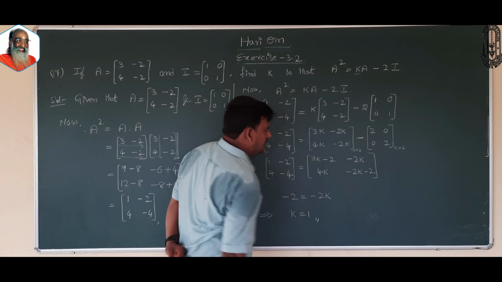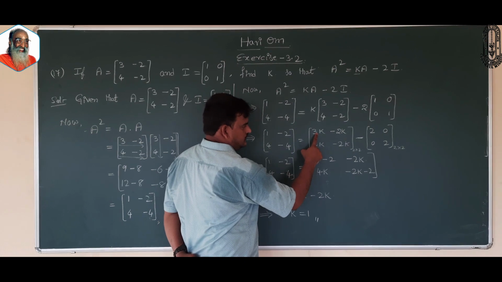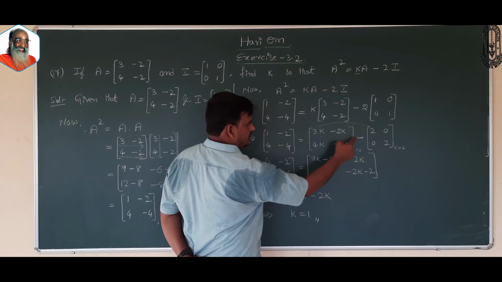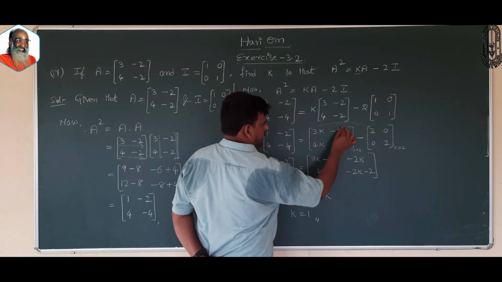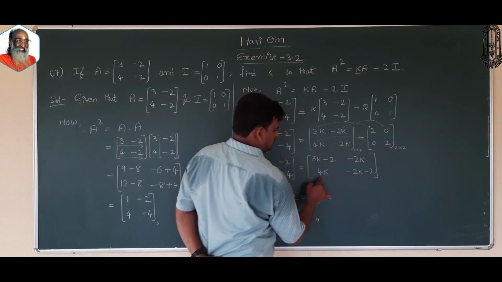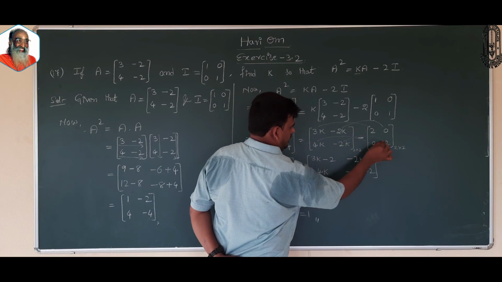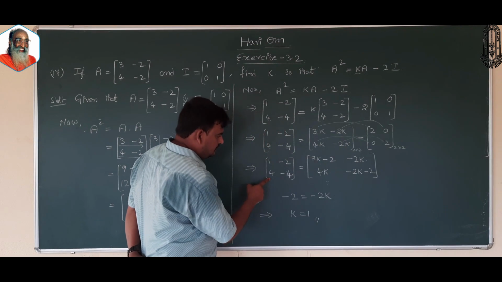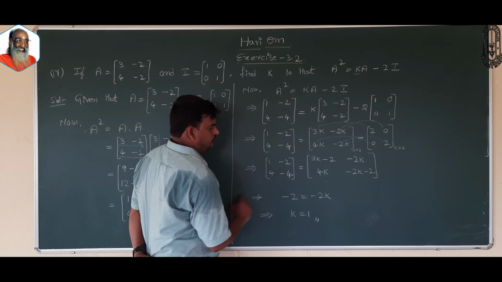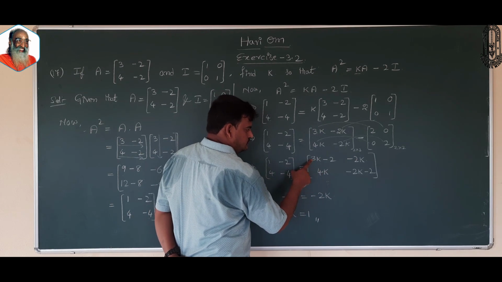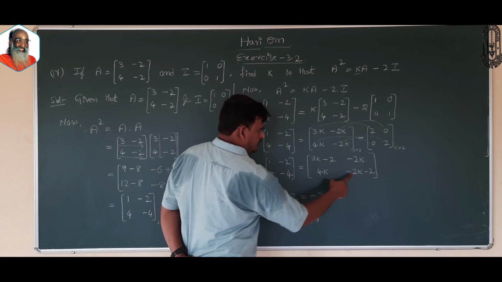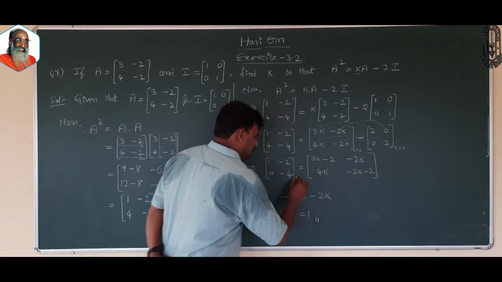Subtracting the corresponding elements: 3k minus 2, minus 2k minus 0, 4k minus 0, minus 2k minus 2. On the left hand side we have the A squared matrix [1, -2; 4, -4], and on the right hand side we have the matrix [3k-2, -2k; 4k, -2k-2].